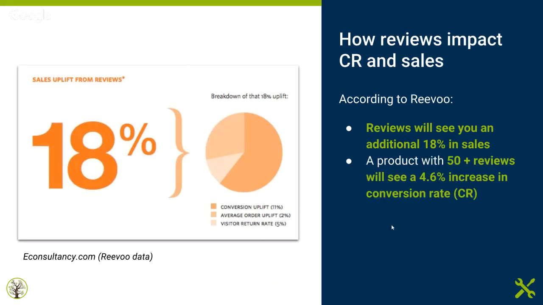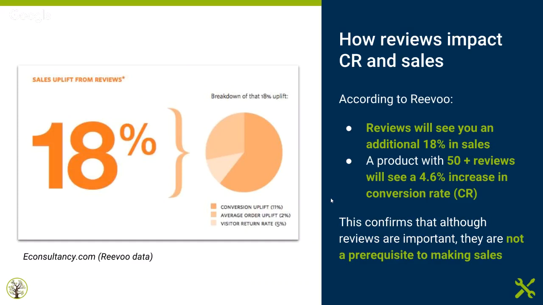The next thing is they found that a product with 50 plus reviews will see a 4.6% increase in conversion rate. So when someone's on your listing, they're more likely to actually buy. 5% more likely to buy if you have more than 50 reviews. And that confirms that although the reviews are important, they're not the be all and end all. They're definitely not a prerequisite.